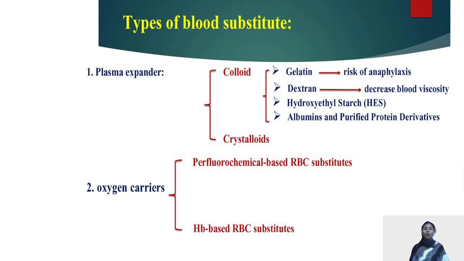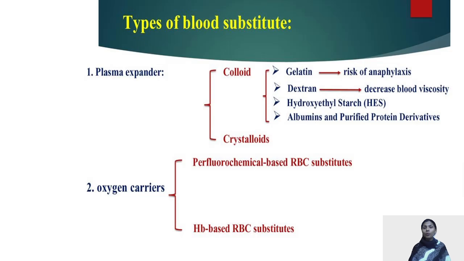Whereas when we talk about the oxygen carriers, these are perfluorocarbons, that is, the perfluorochemicals, which are RBC substitutes. They can carry the oxygen and the carbon dioxide much faster than what your blood carries, and they carry this oxygen to the tissues.